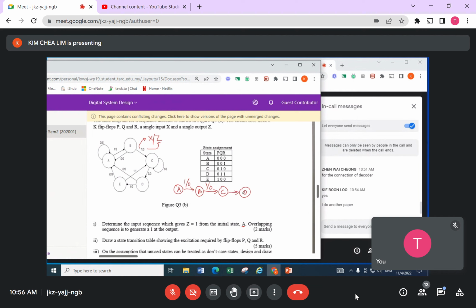Then move forward again, they give me an E, which is the 1, 0 again. So after E, they go back to 0. With a 0, go back to A.